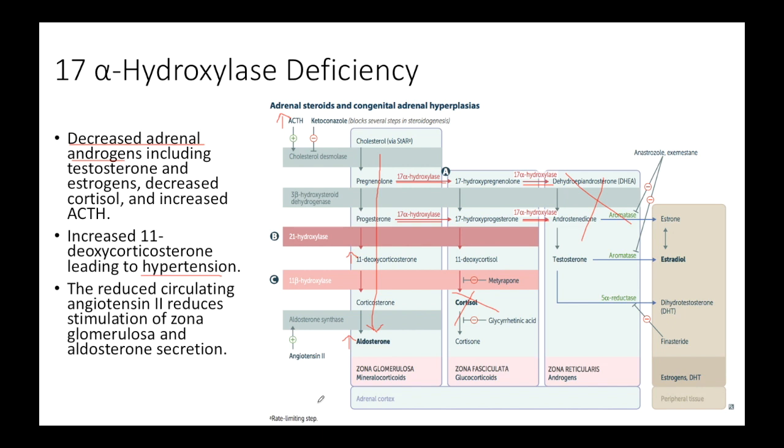And angiotensin 2 is going to be reduced, wanting to control this extra production of mineralocorticoids that we have going on, because we cannot go in this direction. Does that make sense? Yes.